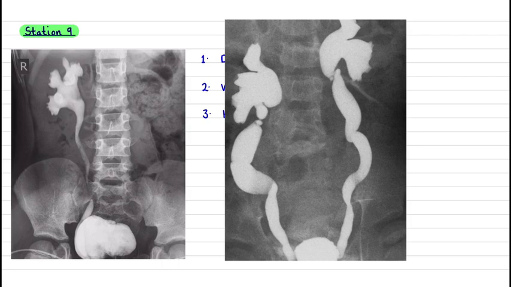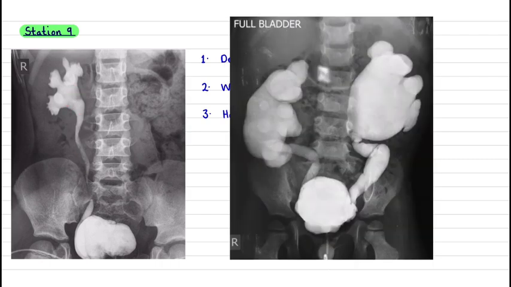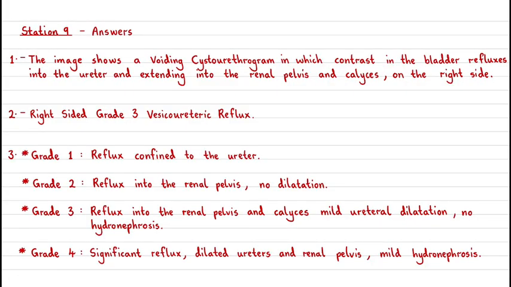But in our diagnosis, the renal pelvis and the ureter maintain their normal shape. And then this is what grade 5 would look like. Severe reflux, massive dilatation of the ureters and renal pelvis, severe hydronephrosis, and possible renal damage. So our diagnosis is right-sided, grade 3, vesicoureteric reflux.